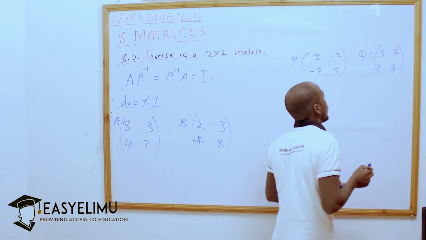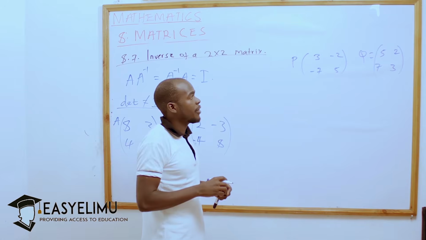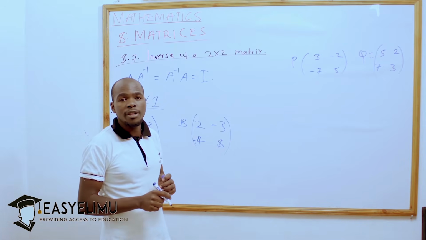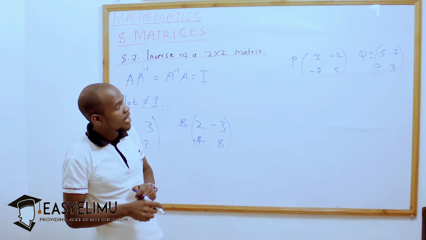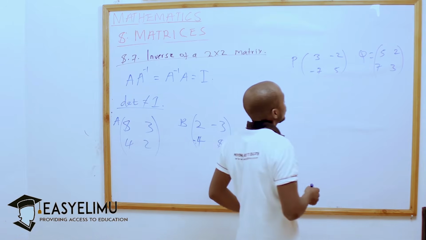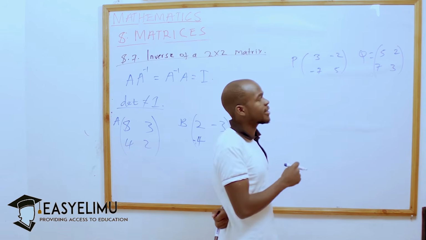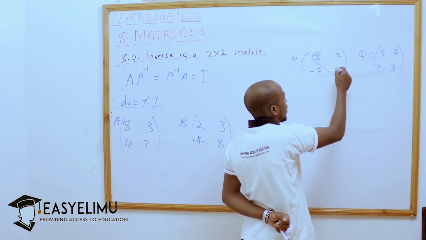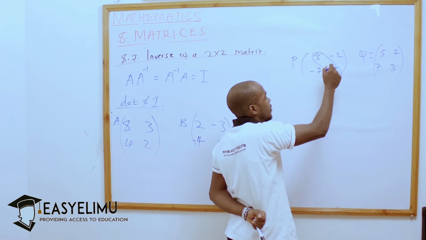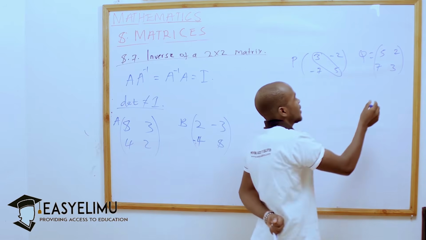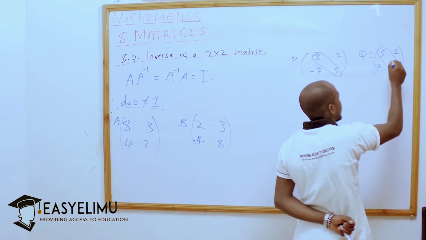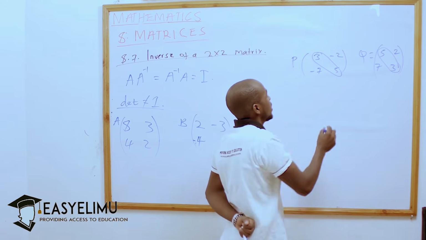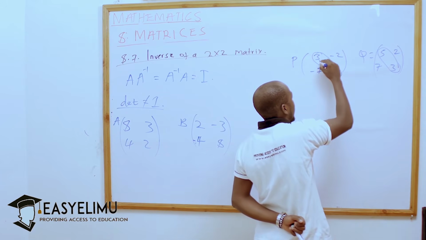Remember what we got there: each of them was the inverse of the other. Look at it keenly. For the first one, the leading diagonal has elements 3, 5. The same leading diagonal in Q is 5, 3. So the elements are the same, but they have been interchanged.